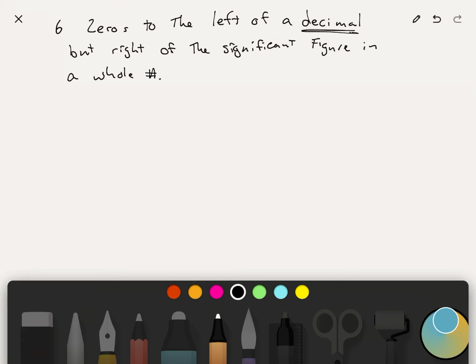Trick here is the decimal point is just where we know it is. It's not actually there. So an example of this would be like 200.